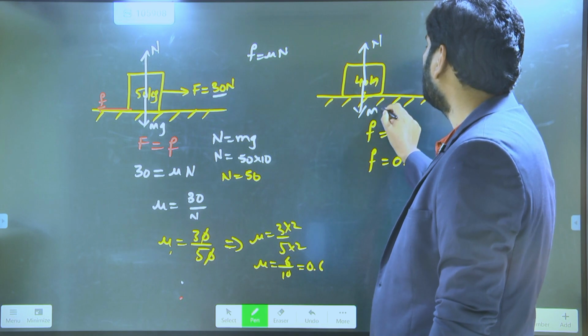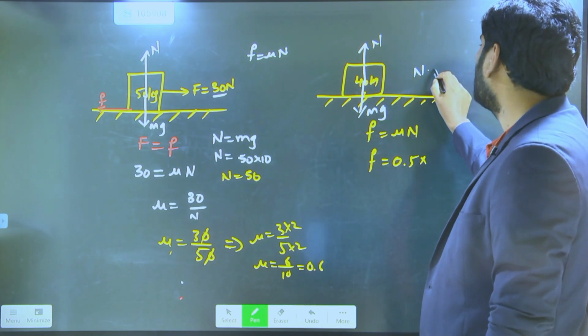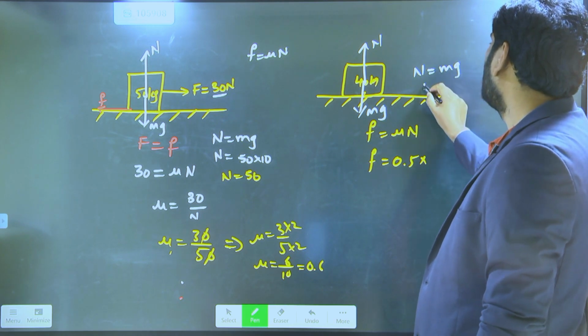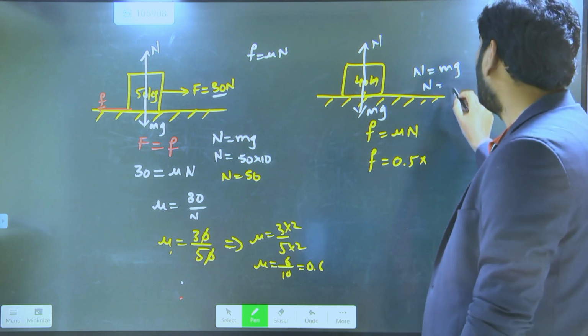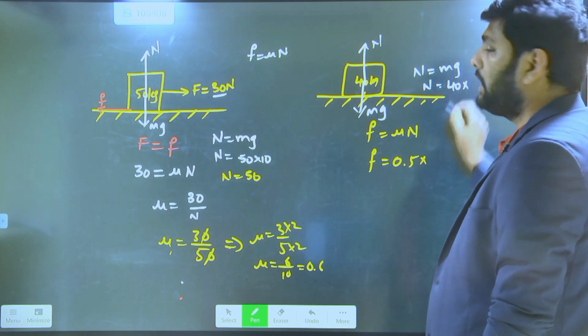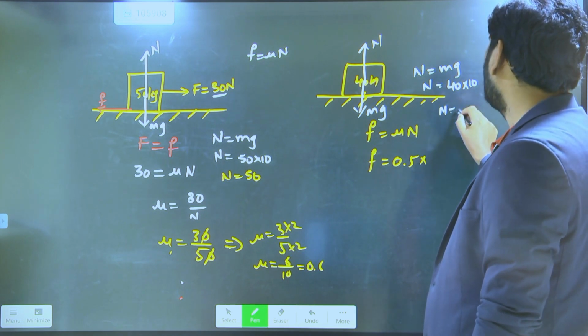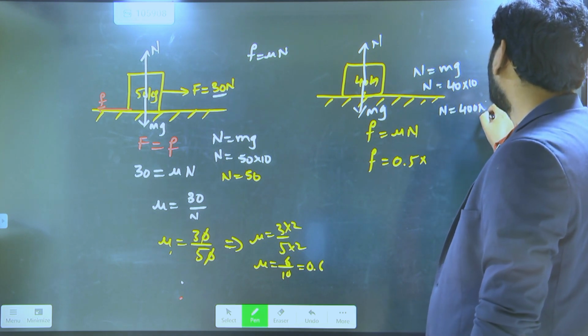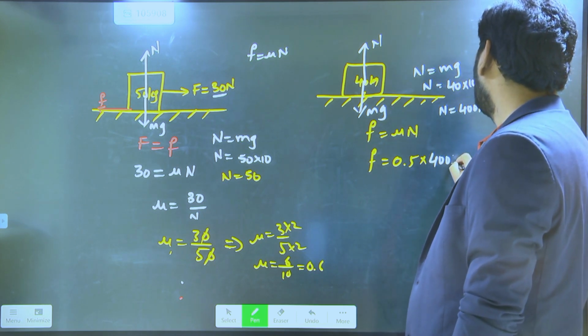So the N value you can write as mg. The mass of the body is 40, the g value is 10. So totally N is equal to 400 newton. So you can put here 400 newton.